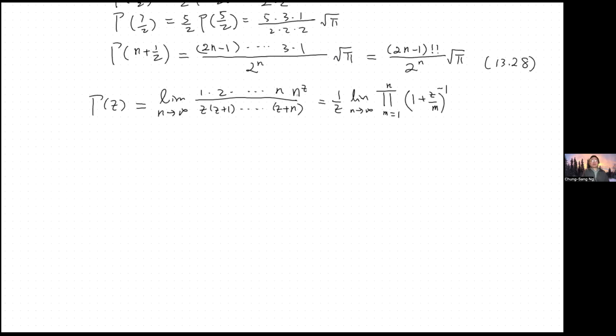What we'll do is write n to the z as 1 over n to the minus z, since we'd like to put it in the denominator. n to the minus z is e to the minus log n times z.